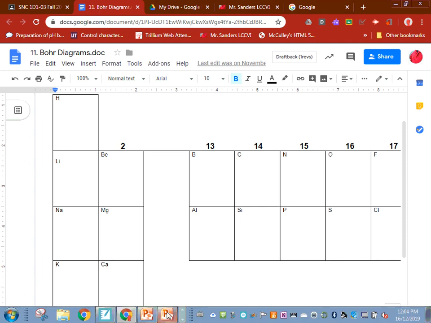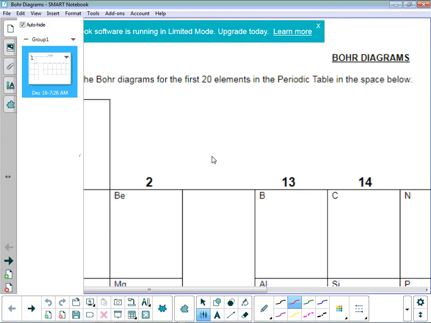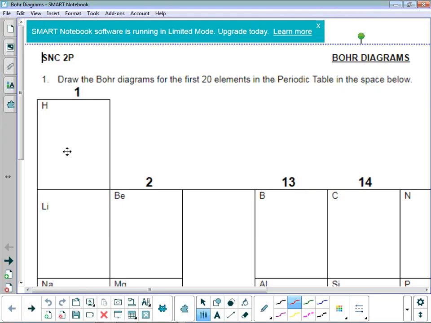I have that chart here. Let's clear this away. So I have it there, okay? And if you want, you can open that up and start filling that in, or you can just draw it in your notes and then go to it.